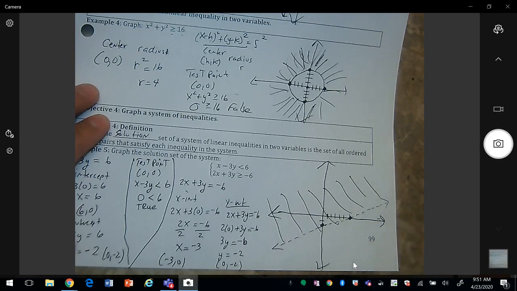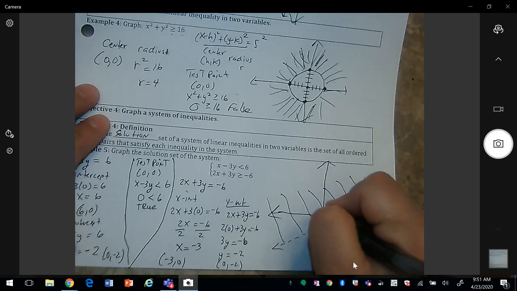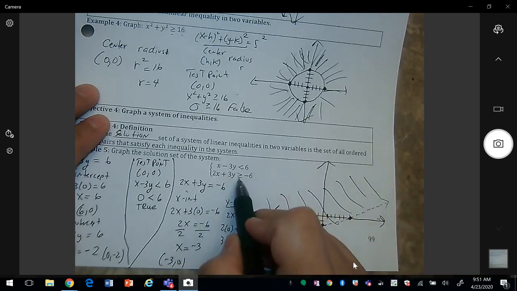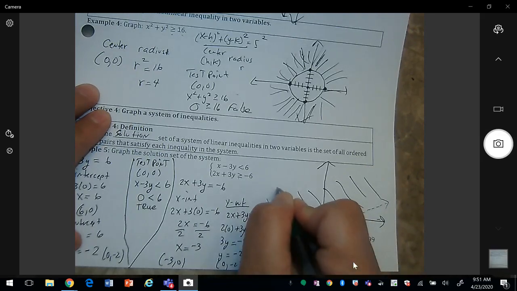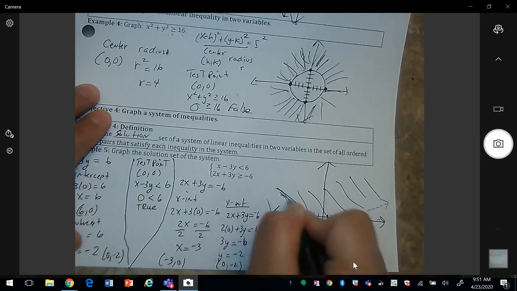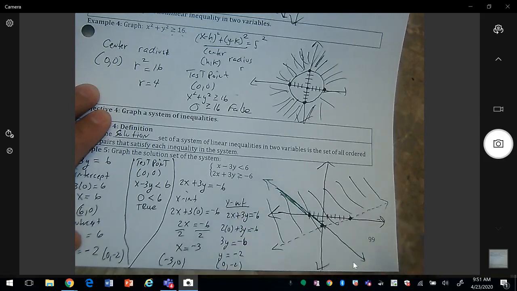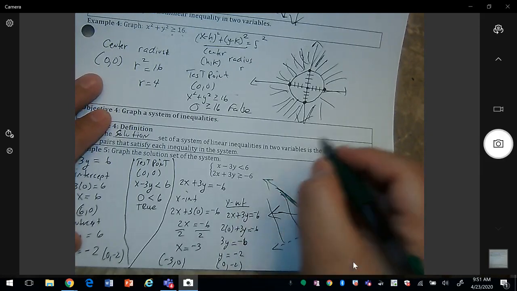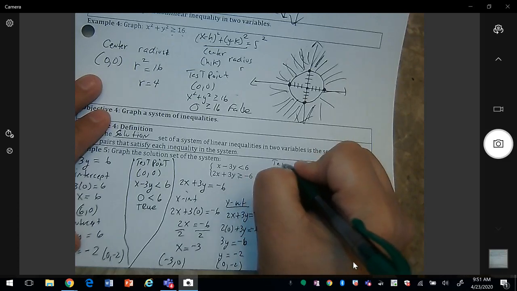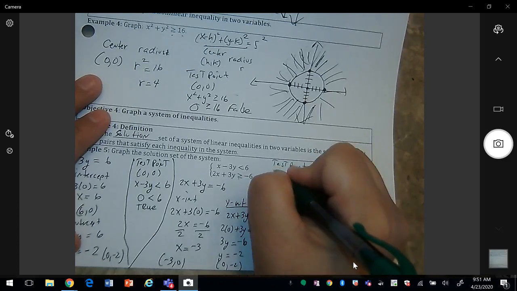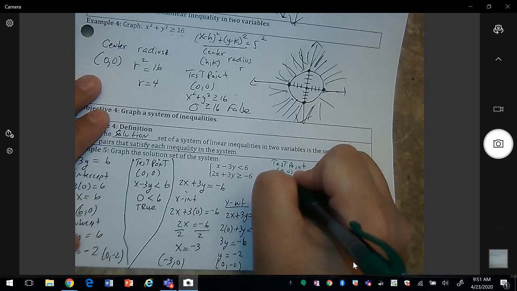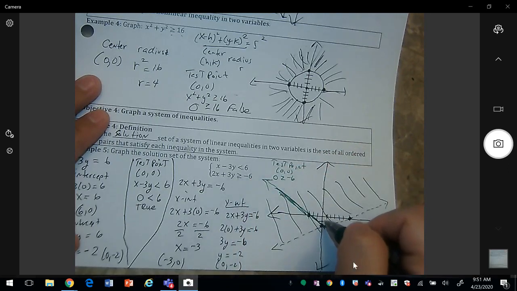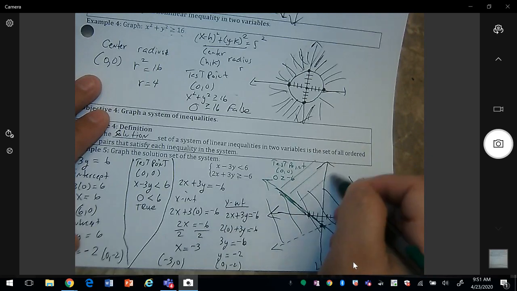Okay, so let's plot those points, -3, 0 and 0, -2. It is a solid line. And then we need a test point. So my test point will be 0, 0. So 0 is greater than -6. That's true. So I'm going to shade above the line.